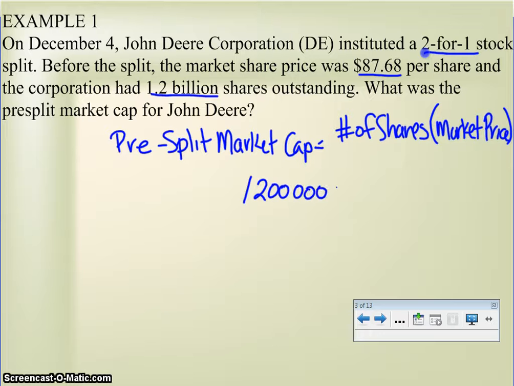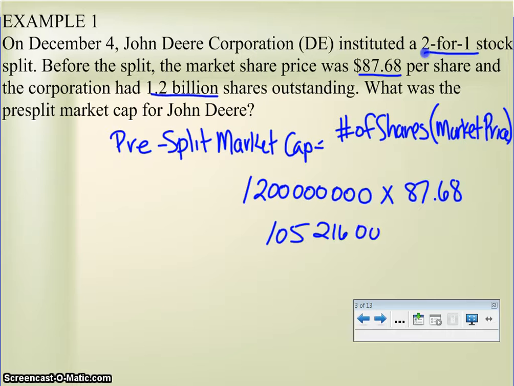So looking at that, we're looking at 8 zeros and 1.2 times the 87.68. So the pre-split market cap comes out at 105 billion, $216 million. Whew, that's a lot of money.